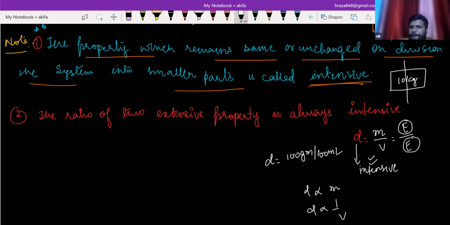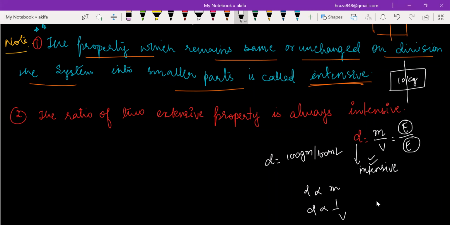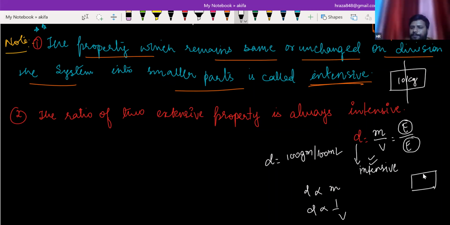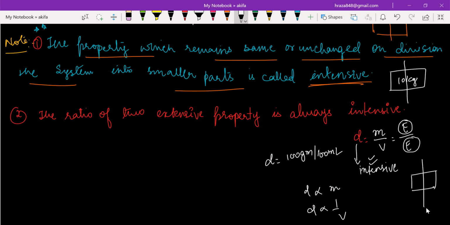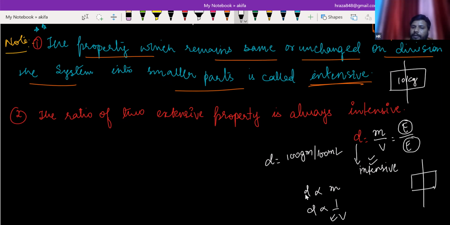If you divide it, you are reducing its volume, so mass will be reducing in the same quantity. That's why they cancel each other, and the density will be 1 gram per ml.